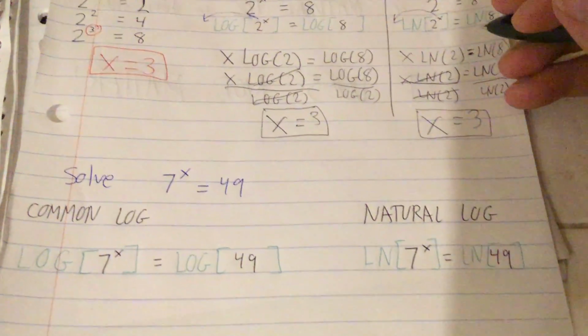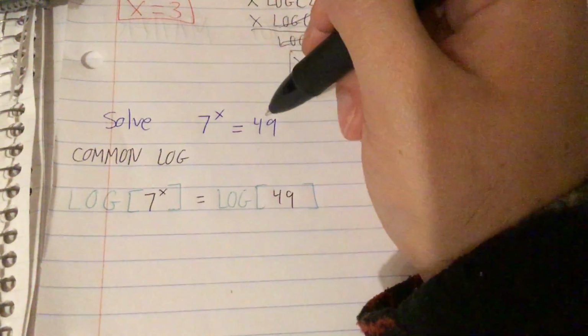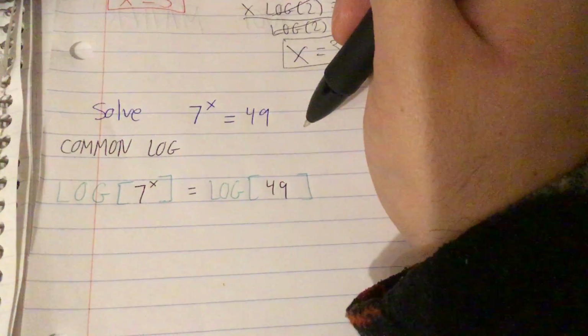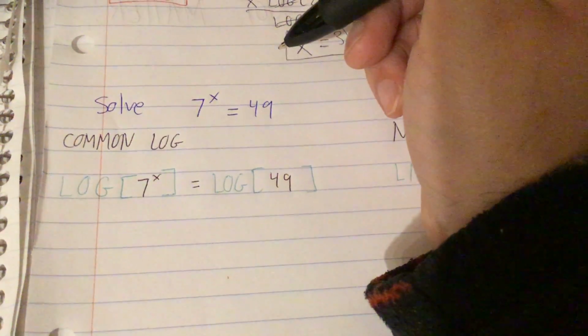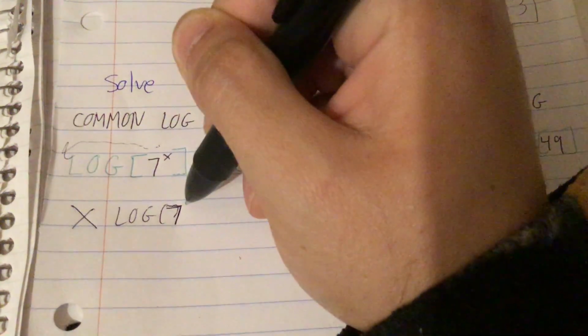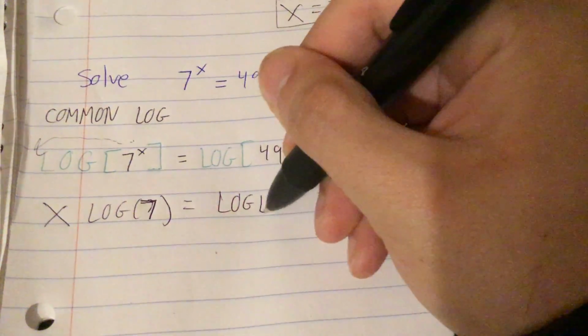So what am I here to tell you? If I solve this using the common log, let's go with one more example just for the heck of it. 7 to the x power is equal to 49. You and I both know the answer is 2. So if I log both sides, I get x log of 7 is equal to log of 49.